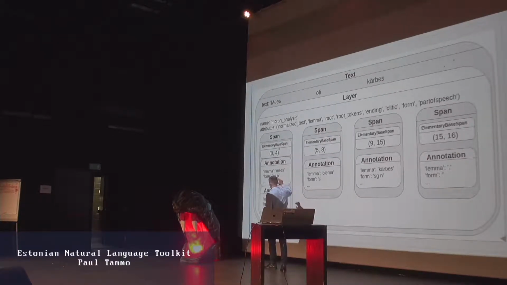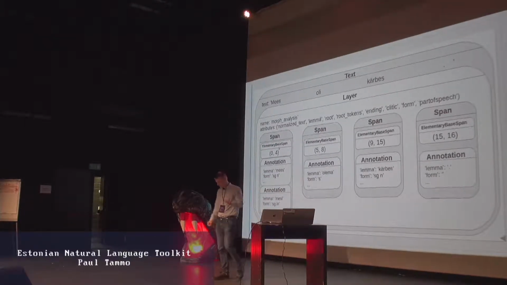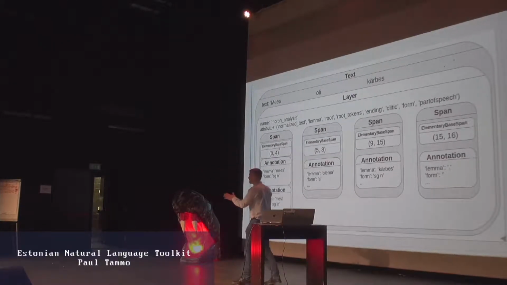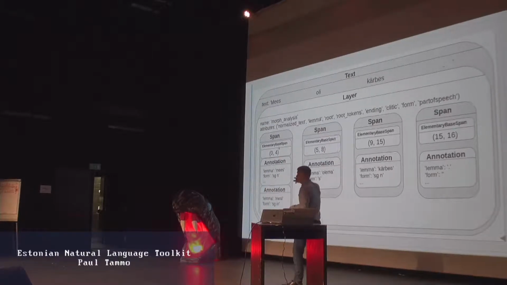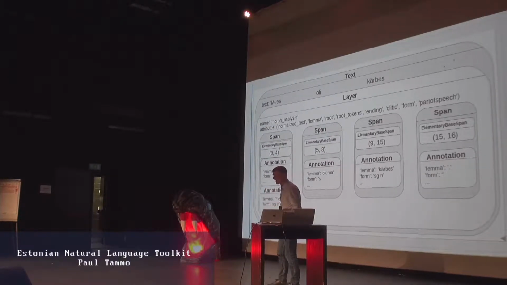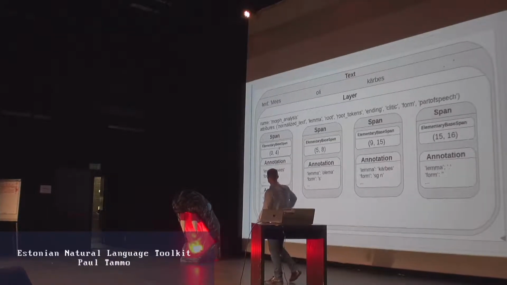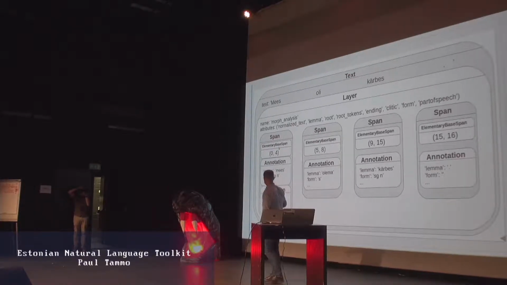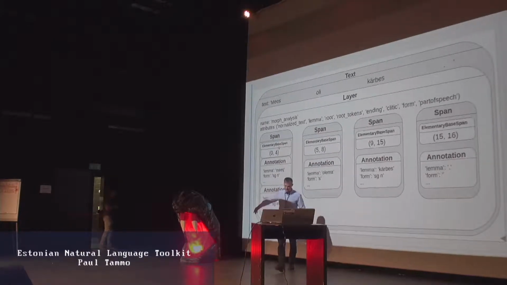You can see here lemma and form. These are linguistic notions. Linguists like them. I don't know much about lemmas and forms. Lemma, that's a form of word you can find from the dictionary, and form, the SG N means something like singular and nominative or something like that, and that EN here is inessive form of word.